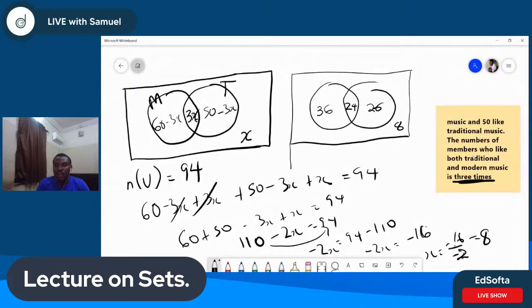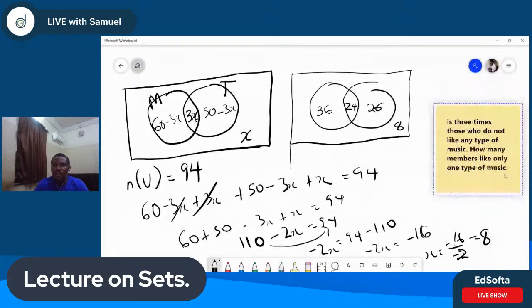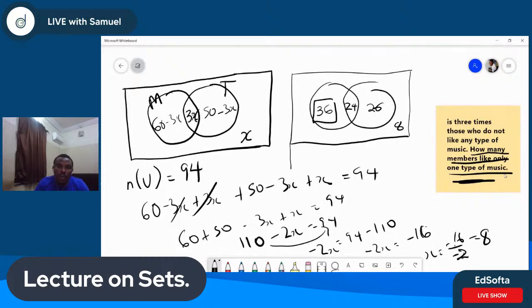And the main question asked us how many members like only one type of music. The only people that like one type of music are the people that like only modern music and the people that like only traditional music.